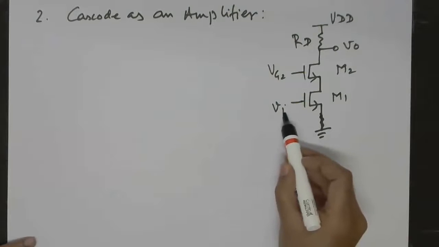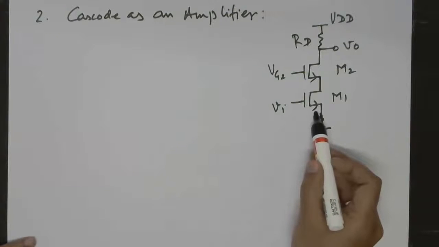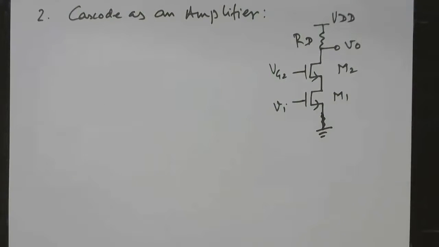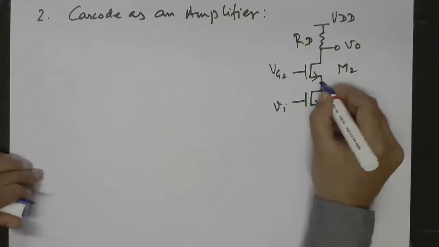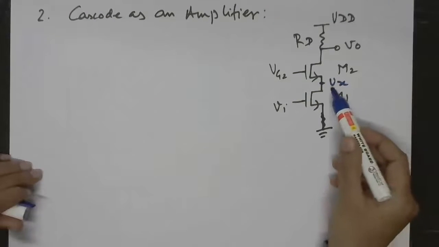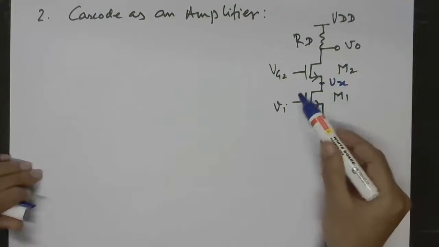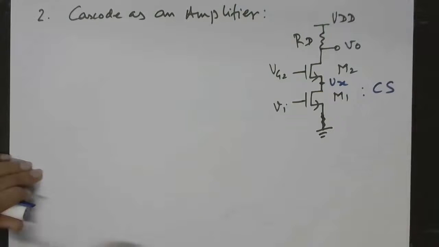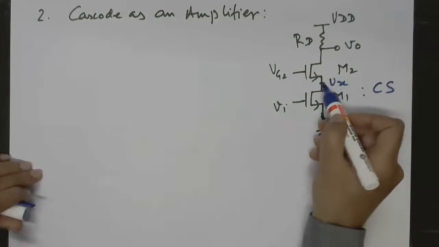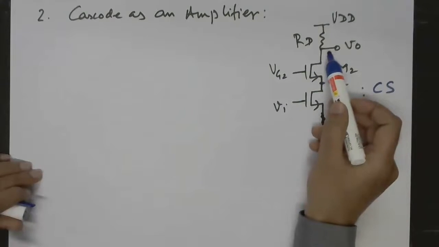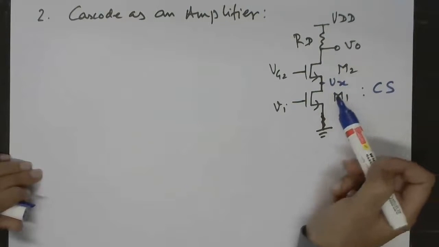However, here you can see that input is connected to the first MOS, and then you can interpret that this produces a voltage here, an intermediate voltage Vx, and in this interpretation, this first MOS can be looked upon as a common source configuration, and then this Vx is sensed by the second MOS, at the source of the second MOS, and output is taken from the drain.